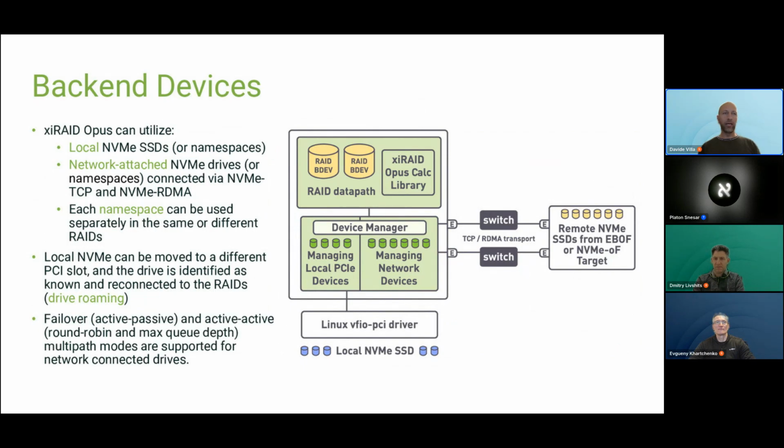We can deal with locally attached NVMe drives, but we can also deal with network attached NVMe drives. And actually, we can also create a RAID starting from a subset of those devices from their namespaces. And we can mix and match and create different RAID groups from namespaces from different drives.